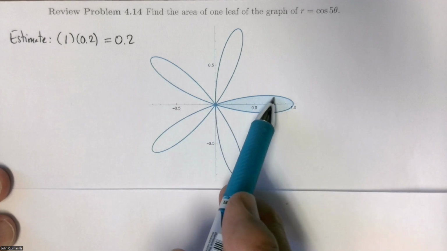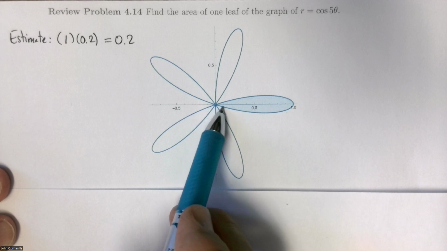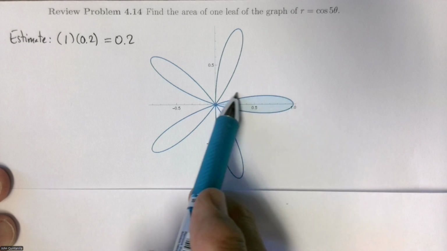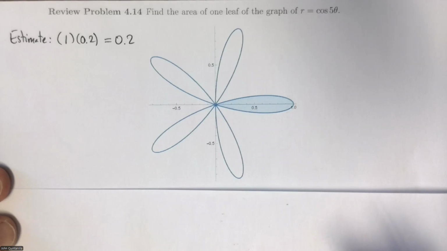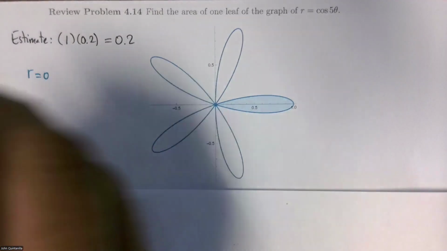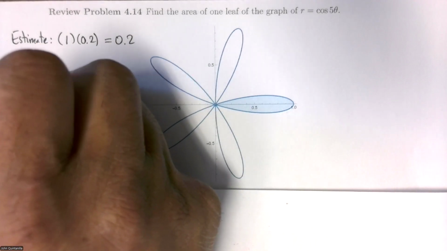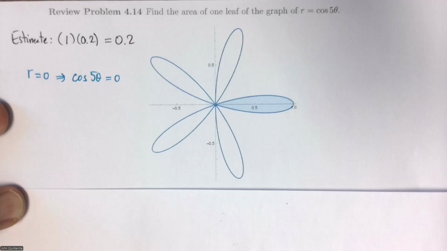Okay, now how do I do this problem? This leaf is bounded when r is equal to 0. So when r is equal to 0 is here, then r is not 0, and then it comes back when r is equal to 0 a second time. Let's figure out where r is equal to 0. If r is equal to 0, that means that cosine of 5 theta is equal to 0.